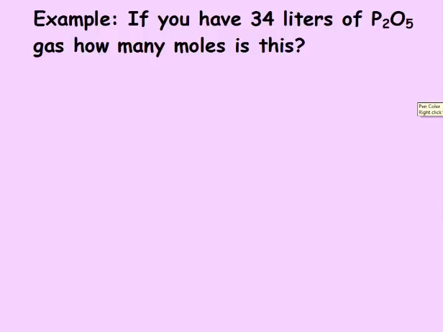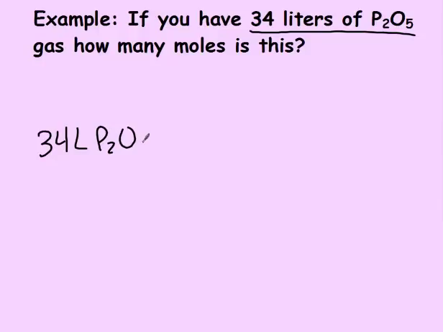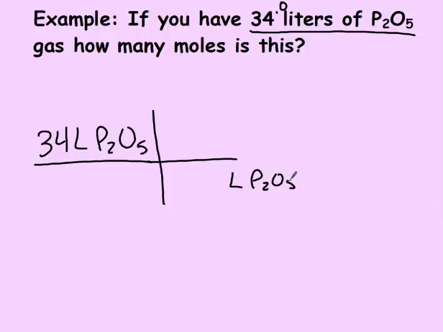So in this problem, starting just like we've done before, we're going to take our number, unit, and substance. And that was actually 34.0 on your notes. Since liters is here, we're going to put liters on the bottom. And I can go directly from liters to moles.